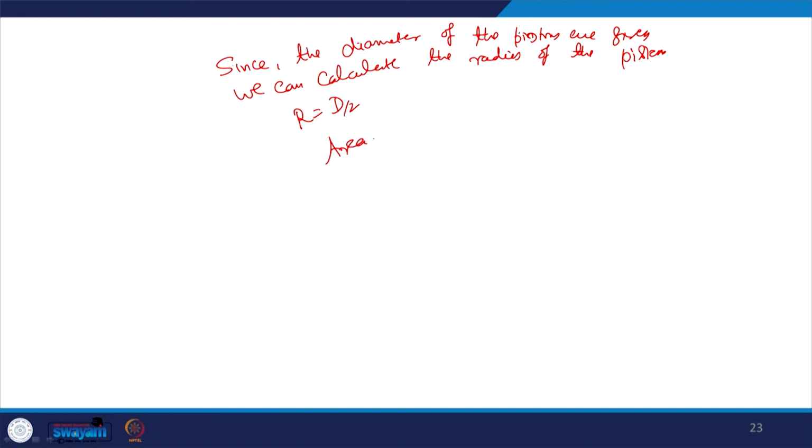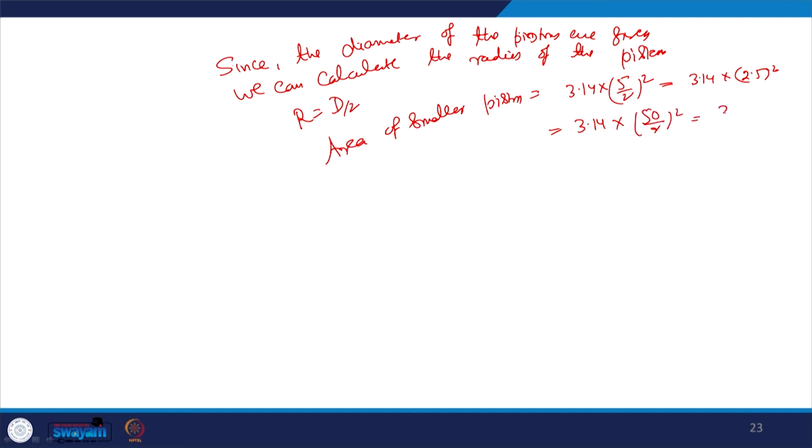So, the area of the smaller piston is 3.14 into 5 by 2 whole square, that is 3.14 into 2.5 square. Then for the second one, 3.14 into 50 by 2 square, and that is 3.14 into 25 square.